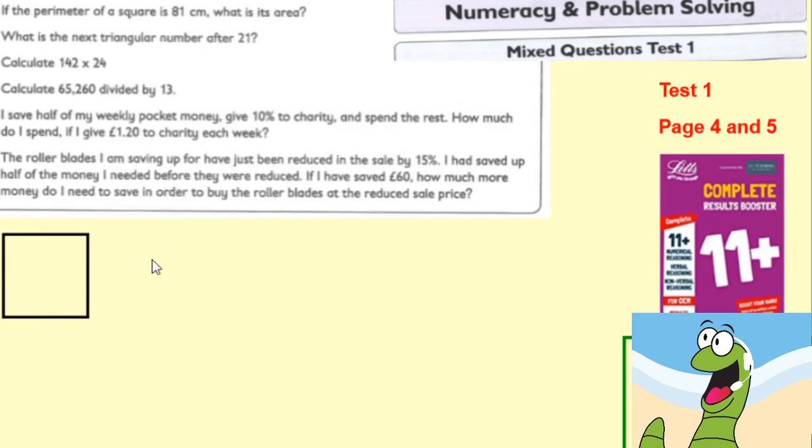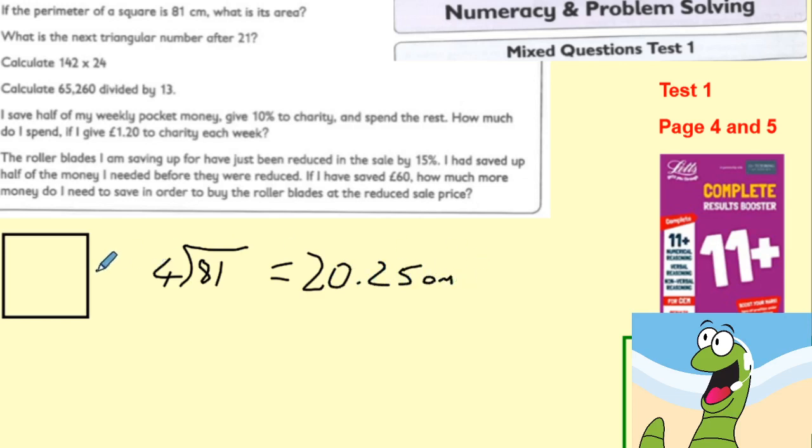So the way we get around it is we divide. We are going to divide 81 by 4, and that gives us an answer of 20.25 centimeters.